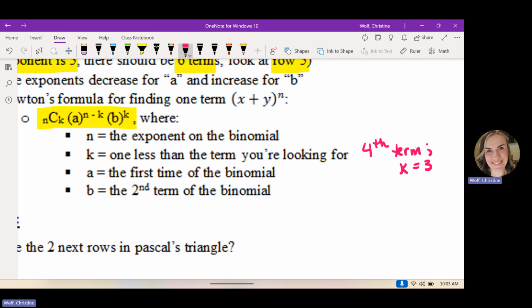A is the first term of the binomial, right? Usually our binomials in general just look like that. So A is the first term, and then B is the second term. That's pretty simple. And then you'll notice there's that combination button at the front. So we would use our calculator and just press that button if you have the button, right?